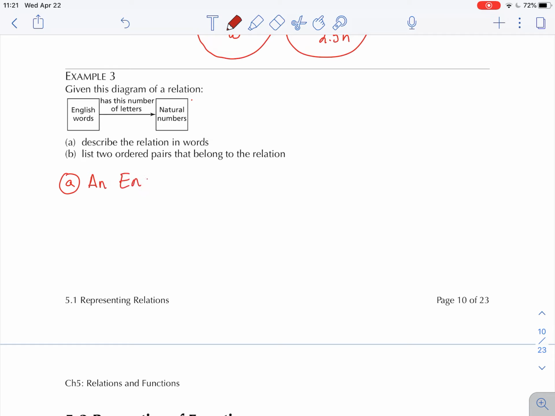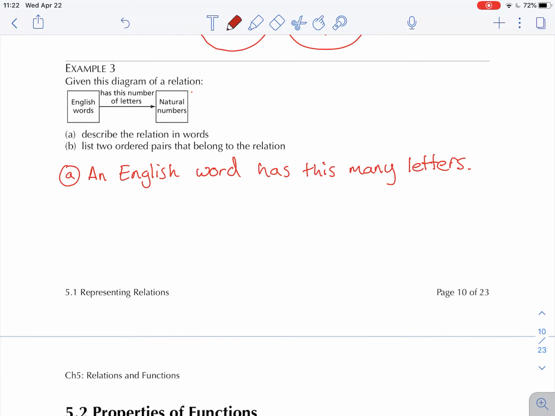A. Describe the relation in words. An English word has this many letters. So this is a relationship between English words and numbers.